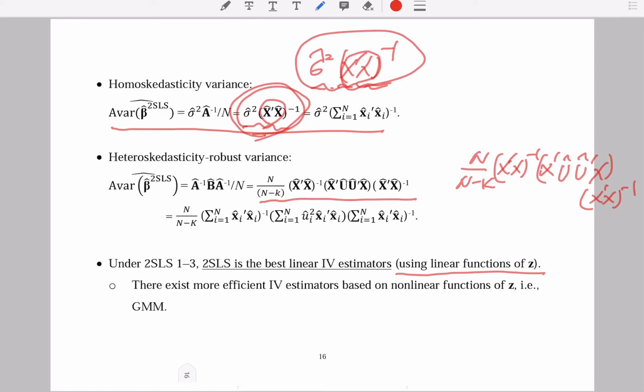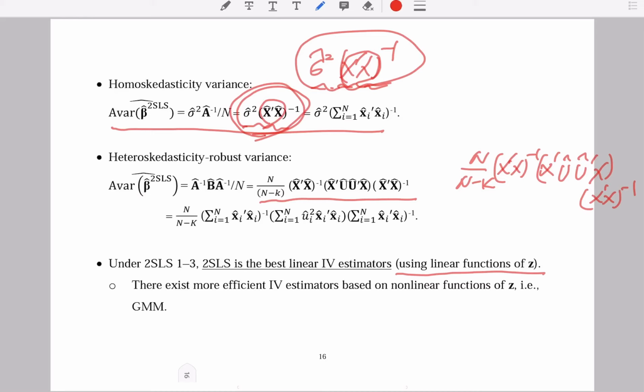Intuitively, it's because the two-stage least square estimator uses the most efficient linear combination of the instruments, because it uses the linear projection, which is the most efficient way. So that's why it is efficient.